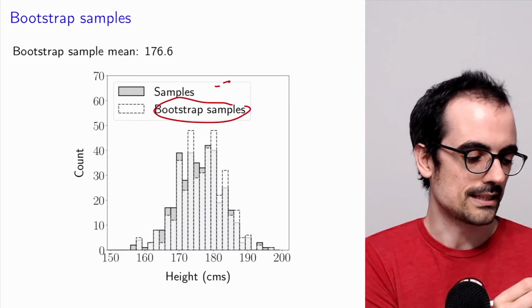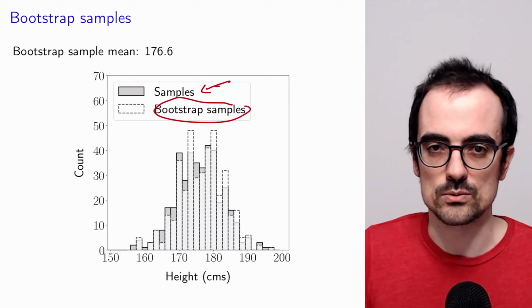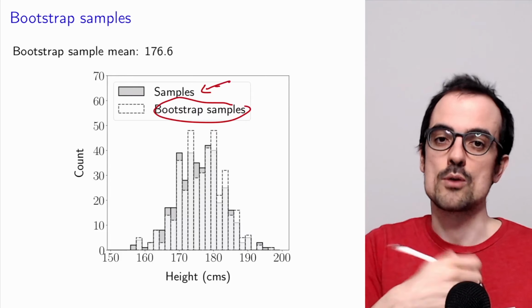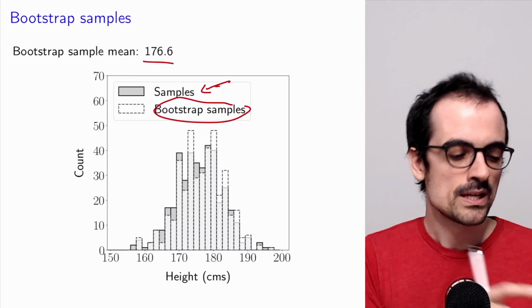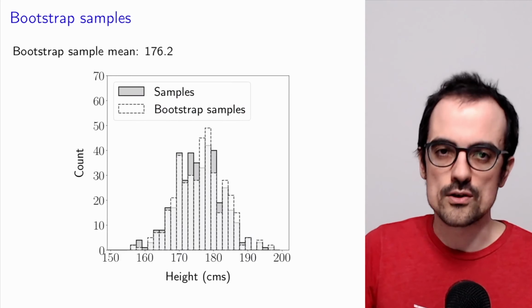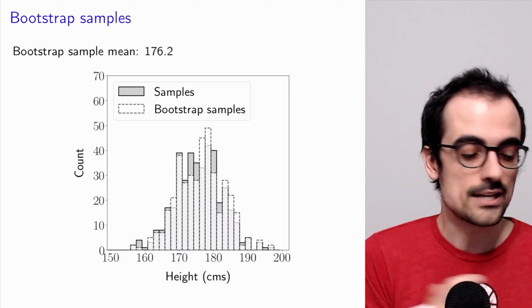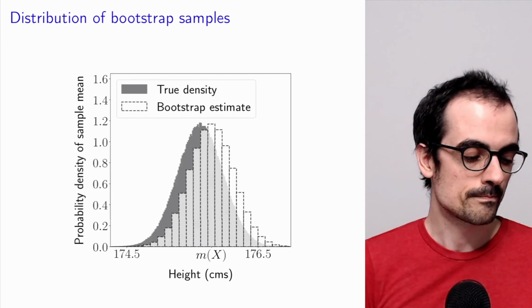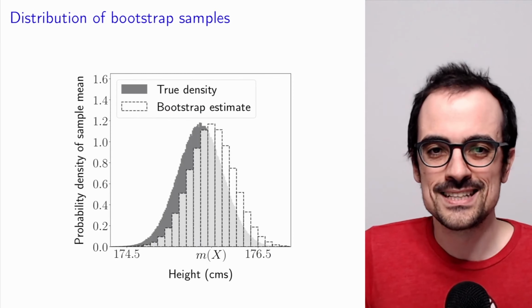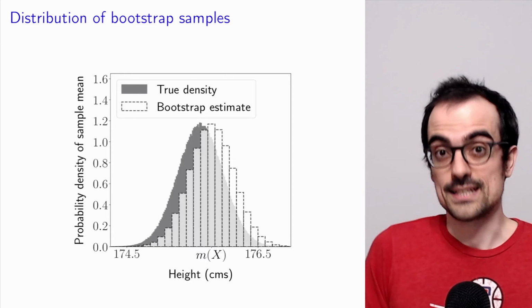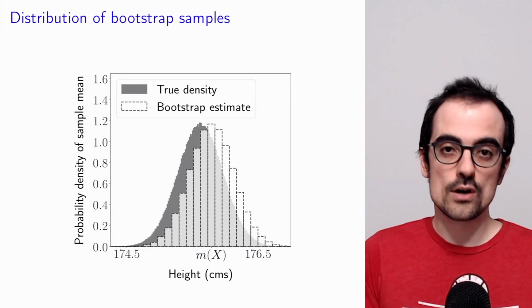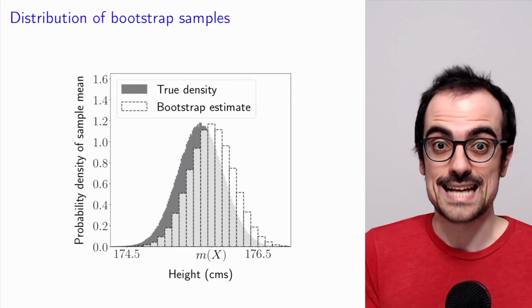Realize that the original data remains fixed because those are the data that we have. And we compute the sample mean of those 400 new bootstrap samples. And we repeat this over and over, and then we compute the standard deviation of all of these sample means. And it turns out that that is a very good estimate of the standard error of our sample mean.